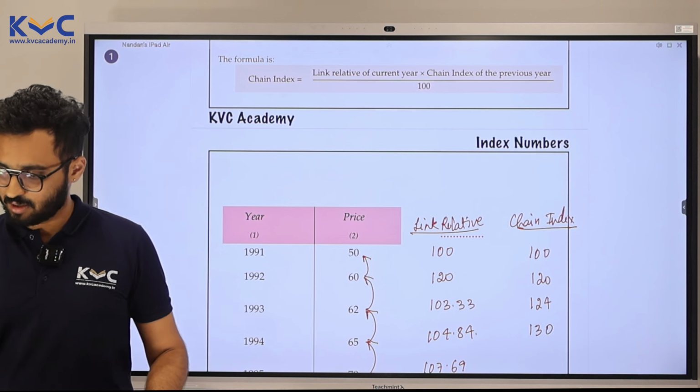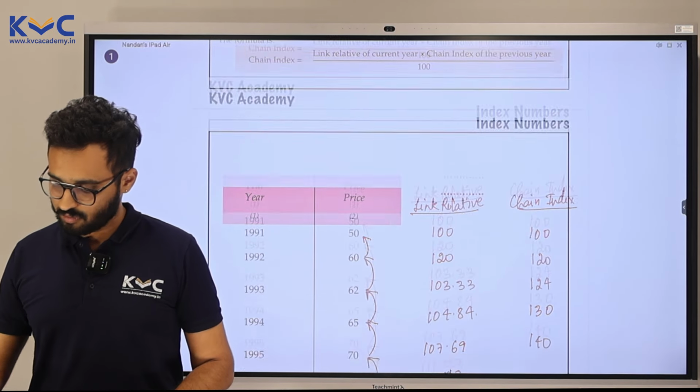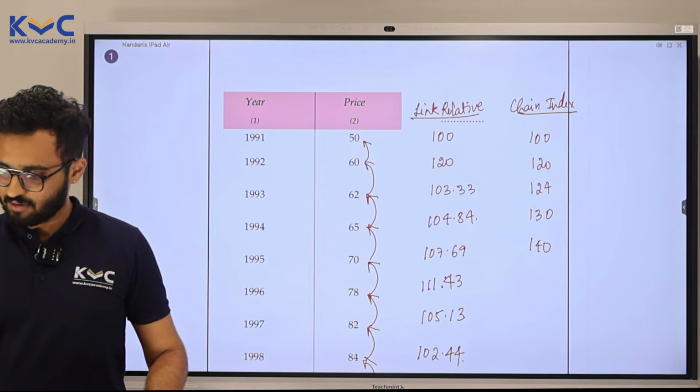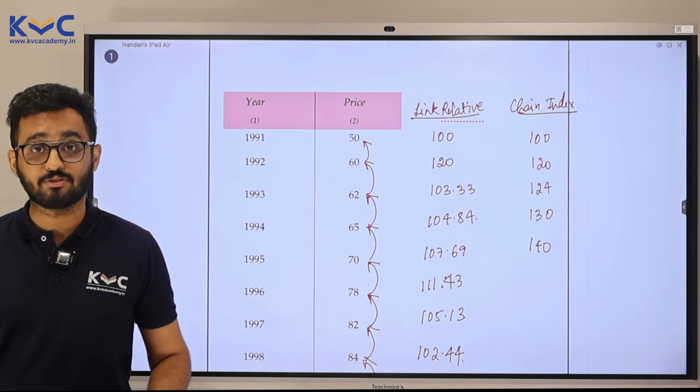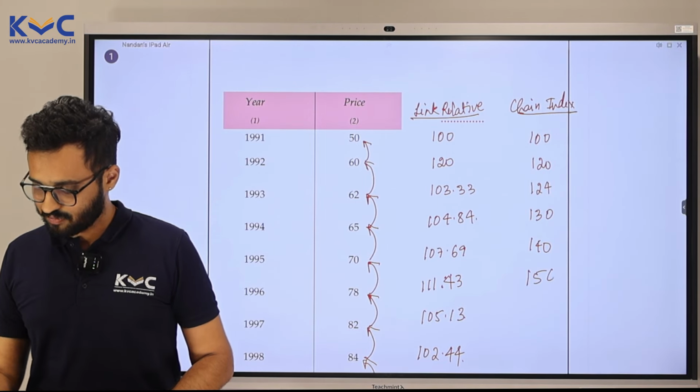Next, 107.69 into 130 divided by 100. So you get 140. Next, 111.43 into 140 divided by 100, you get 156.